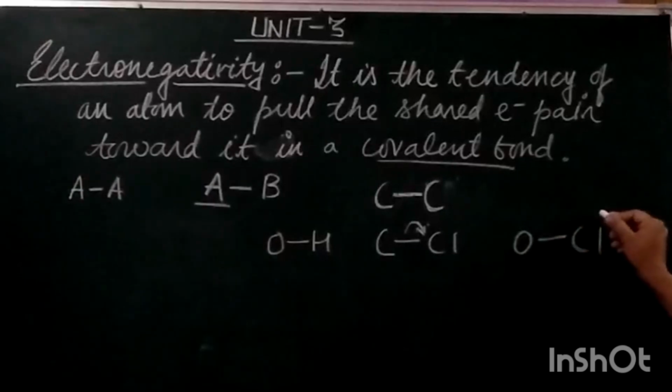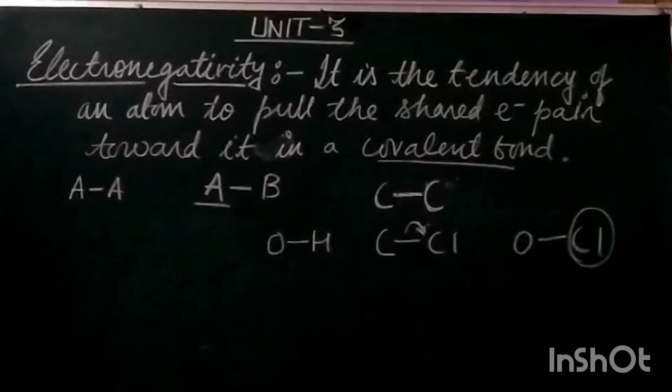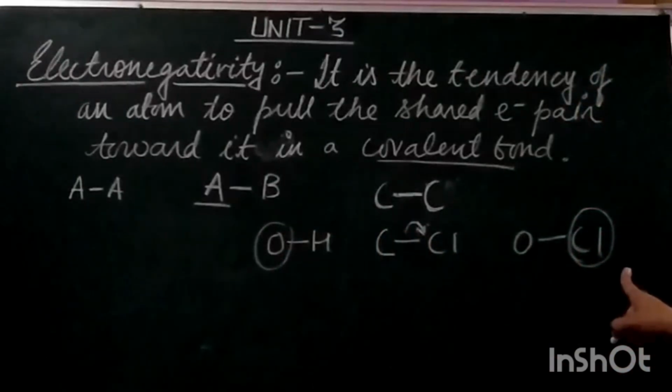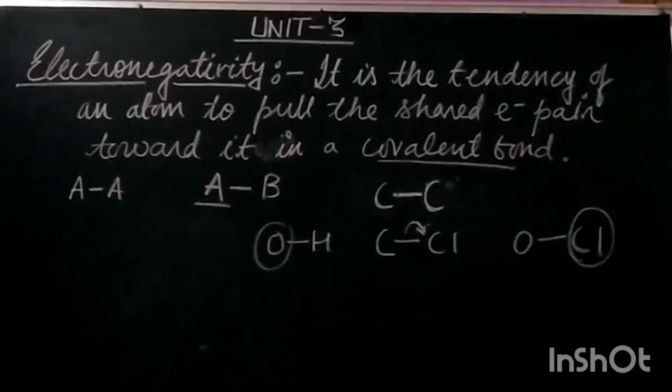In this case, the chlorine atom is more electronegative than the oxygen atom. So the shared electron pair will be bent more toward the chlorine atom.